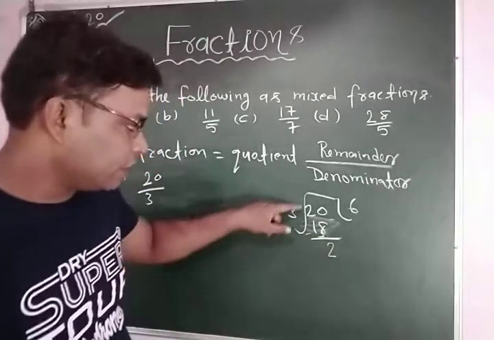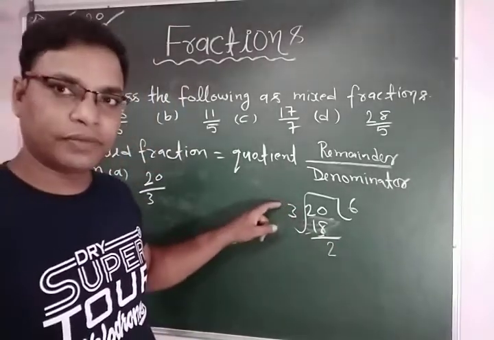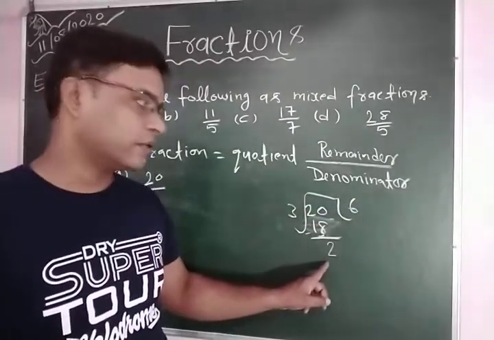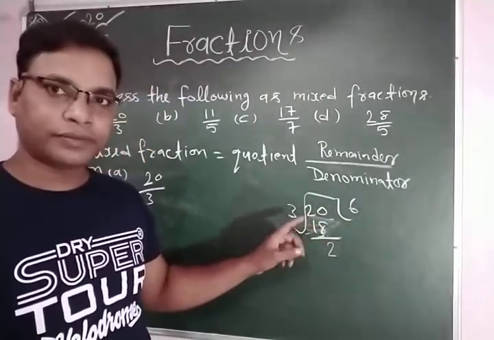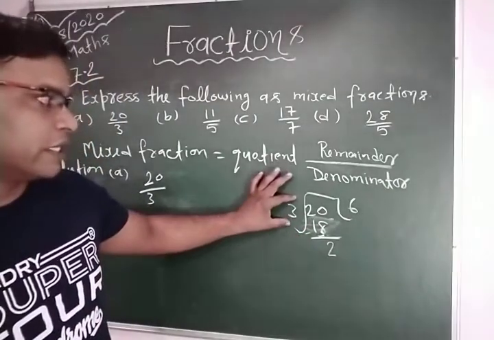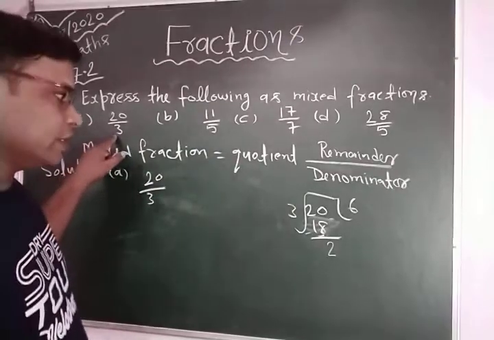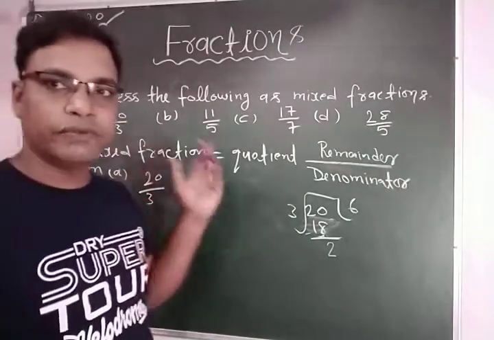You can see this is the divisor, this is the quotient, this is the remainder. Clear? And this is the denominator, and this is the dividend, or you can say the numerator.